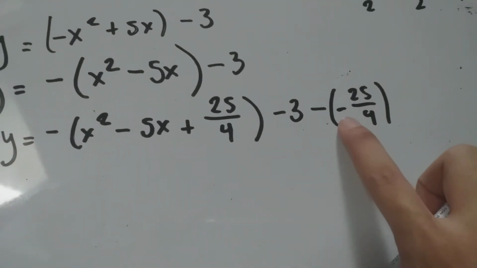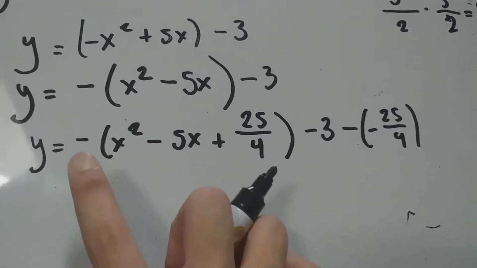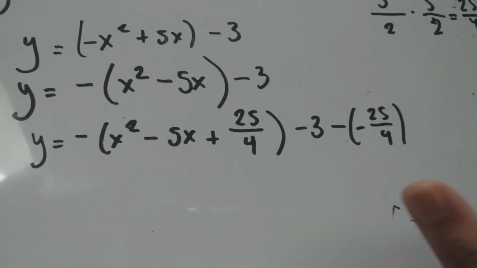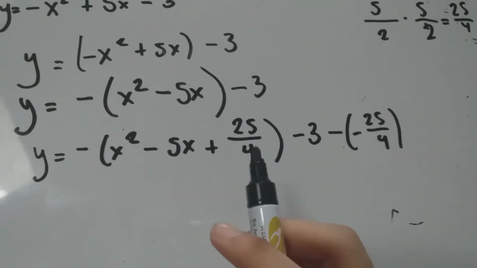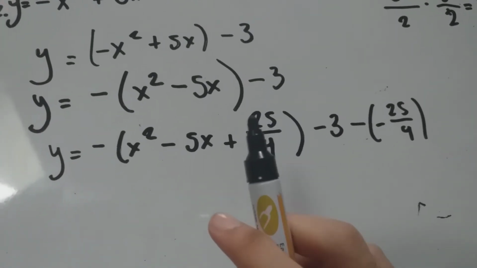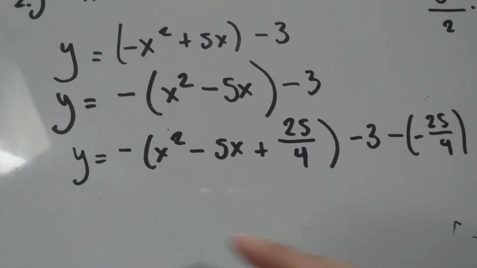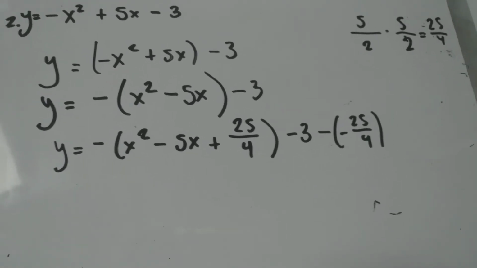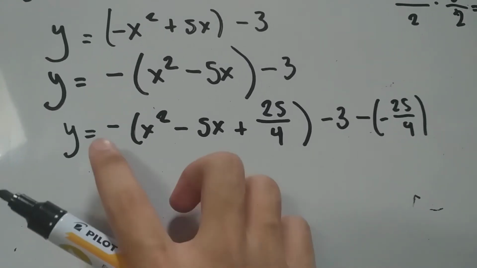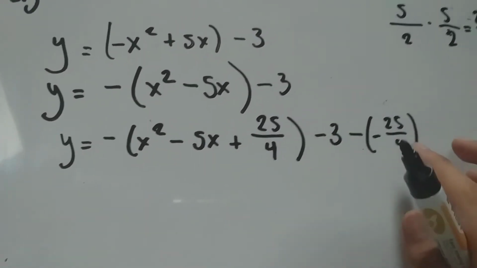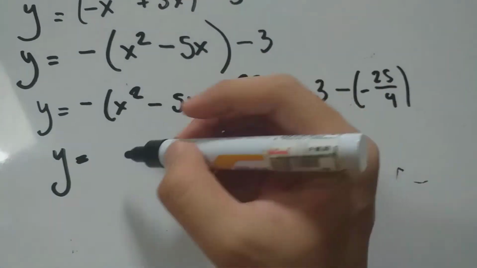If you're wondering where this negative came from, it's from this. Because we're not adding it on different sides, you're just adding it on one side, that's the rule. If there's a negative, whatever happens in here also happens in your new constant over here. That's the rule.